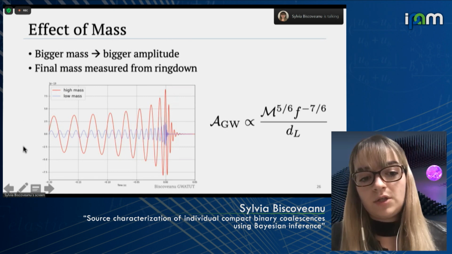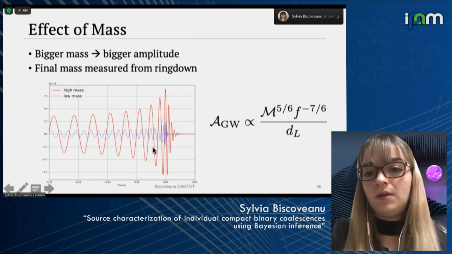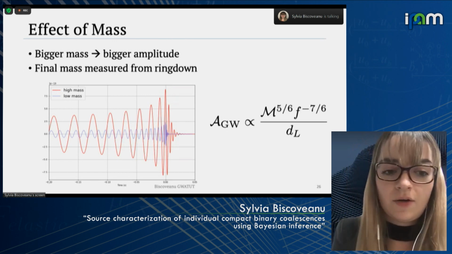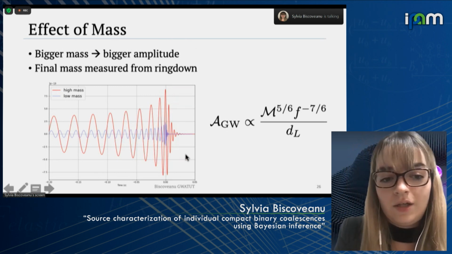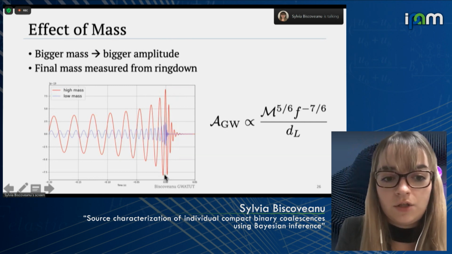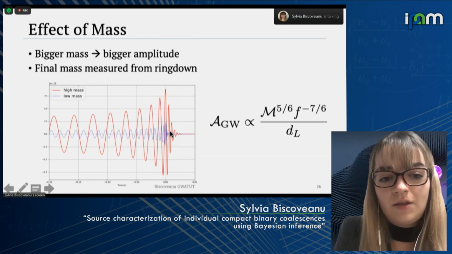The early regime is called the in-spiral. This is when the 2 sources are decently far apart and they're just in-spiraling and approaching each other. And then there's the merger part, which we usually take to be the peak of the gravitational wave strain. And then there's the ring down.